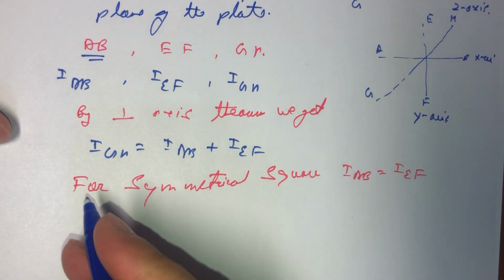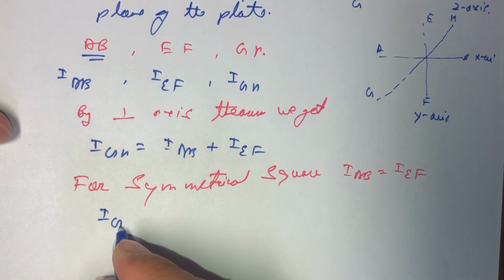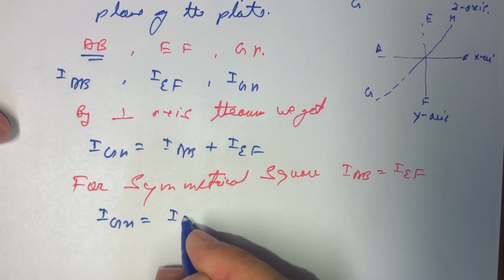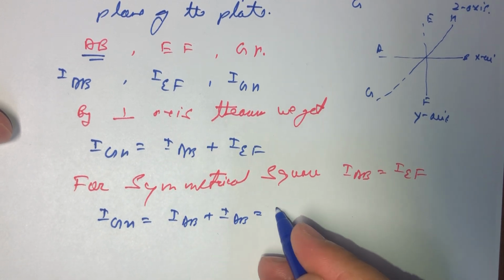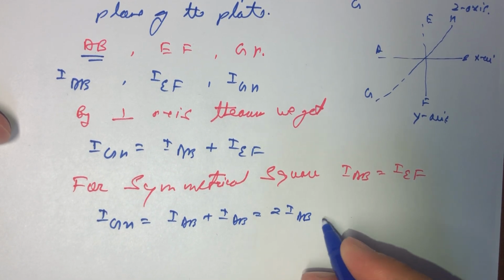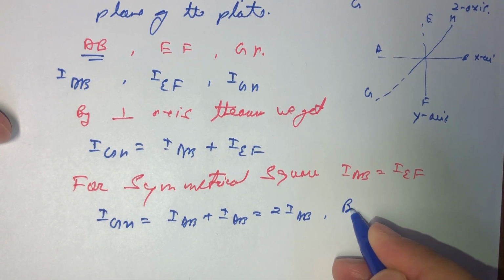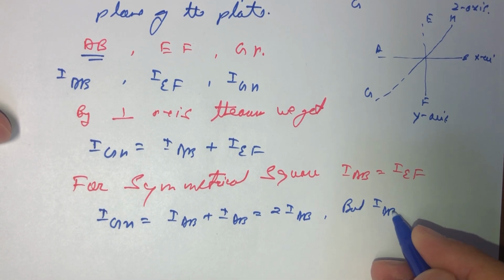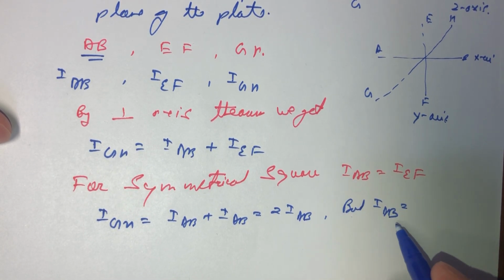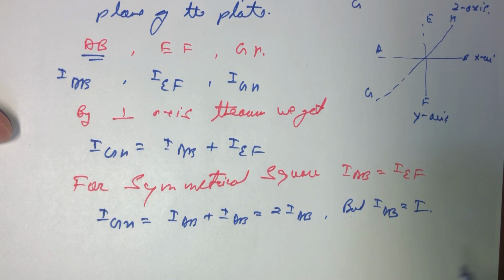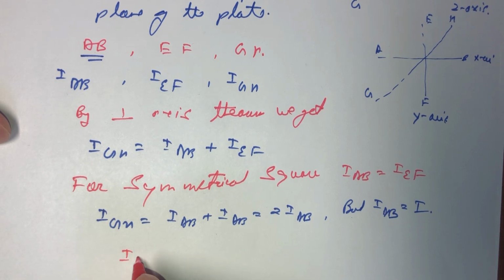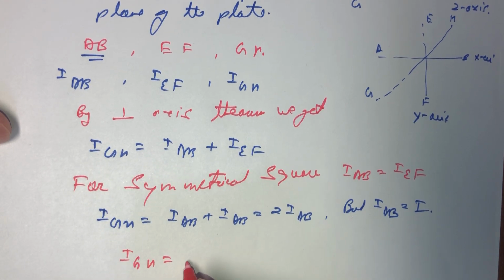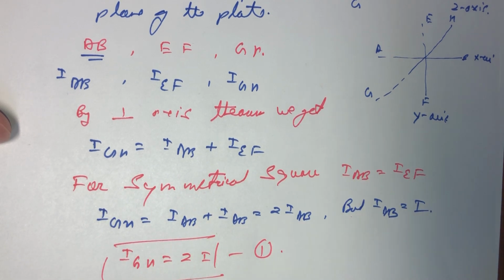Substituting, we get IGH equal to IAB plus IAB, which is twice IAB, and we are given that the moment of inertia along the AB axis is I. Therefore, IGH is equal to twice I. Let this be equation number 1.